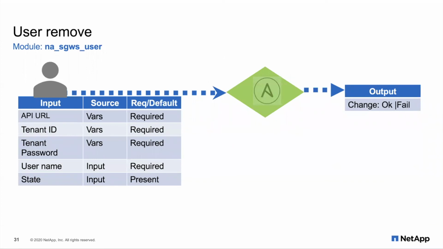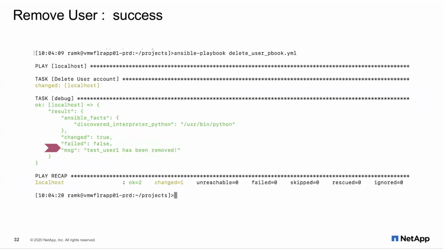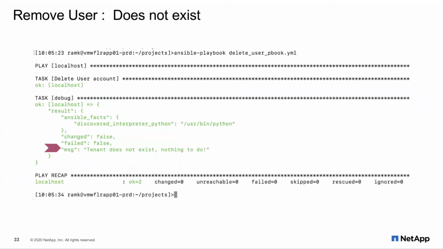Pretty much the same set of input, except the state needs to be absent in this case, right? So it removes the user, and it's successfully removed here. And in case the user does not exist, no change. The change state is set to false as expected.